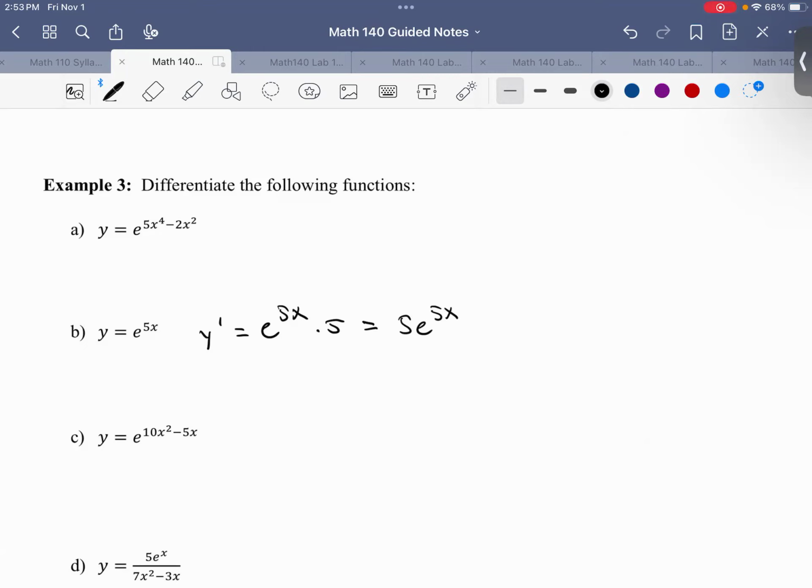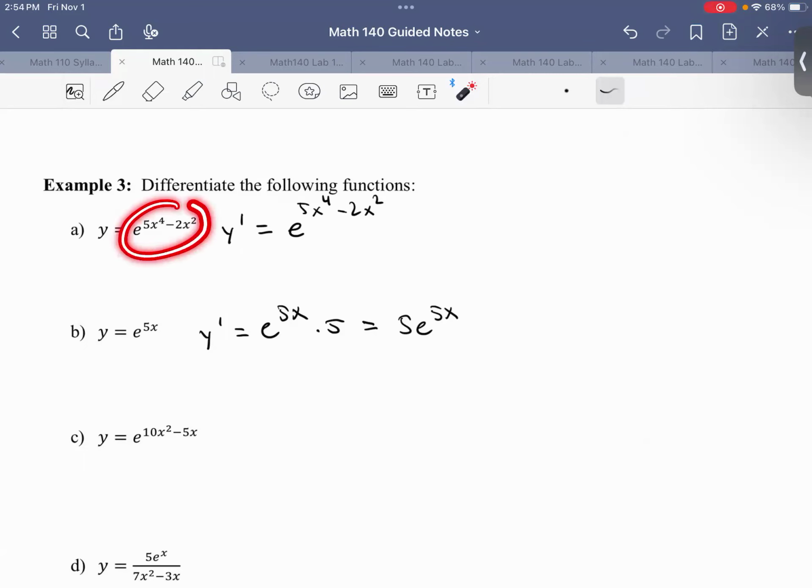Let's try out A now. Similar concept. This time we do not have a simple 5x here. We have more of an expression, with x to the fourth and x squared, but it's along the same lines of application. The derivative of e to the 5x to the fourth minus 2x squared is going to be the exact same thing, e to the 5x to the fourth minus 2x squared, a copy of it, but I just need to find the derivative of this exponent.